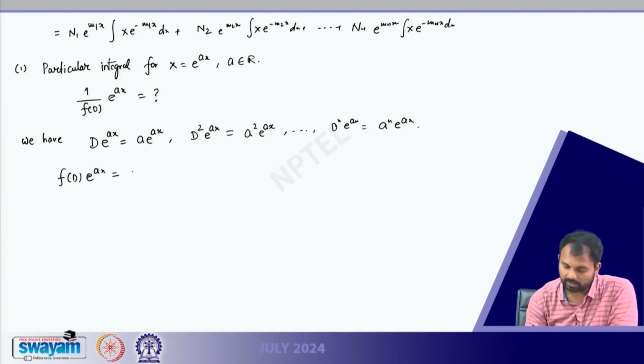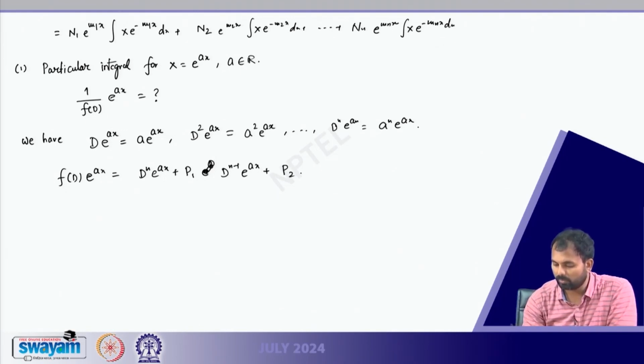So, therefore, F(D) of e to the power a x is what? We will have D^n of e to the power a x plus P1 D^(n-1) of e to the power a x plus P2 D^(n-2) e to the power a x plus and so on, P(n-1) D of e to the power a x plus Pn times e to the power a x.